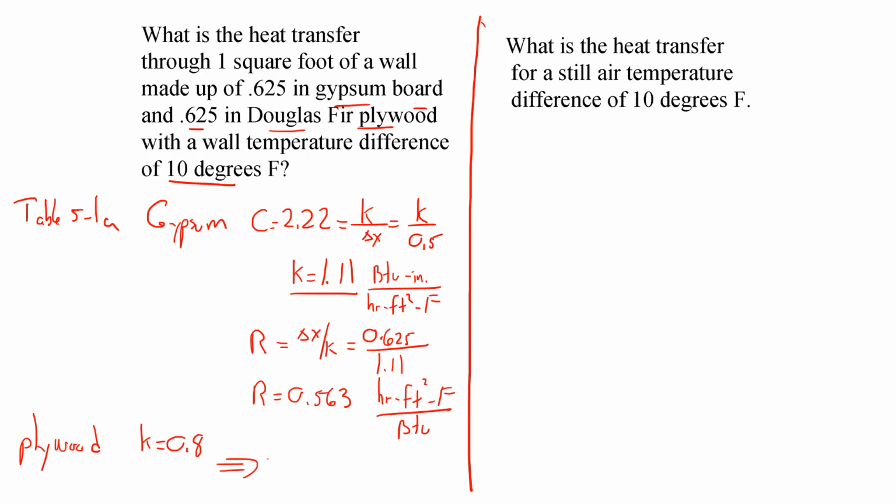I'm going to leave out the units so it doesn't take up as much room on the slide. In that case, we can compute the resistance as thickness over conductivity. Our thickness is 0.625 inches divided by conductivity, which is 0.8, which gives us a resistance of 0.781 hour foot squared Fahrenheit per BTU.